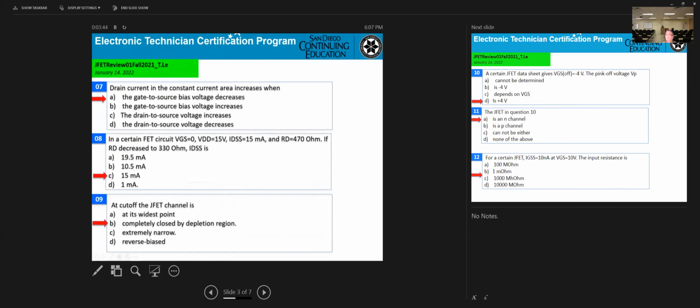Seven, drain current in the constant current area increases when the gate-to-source bias voltage decreases.